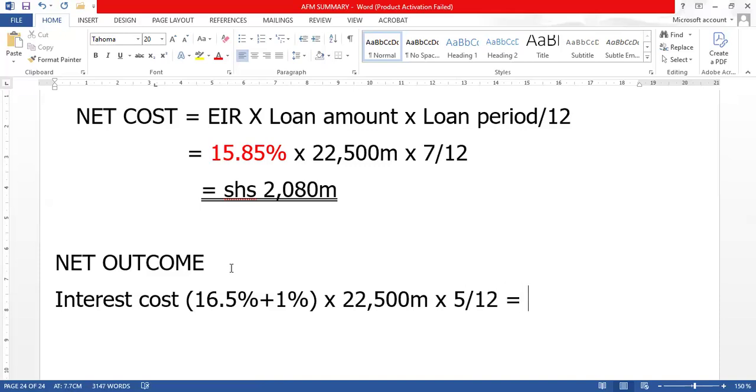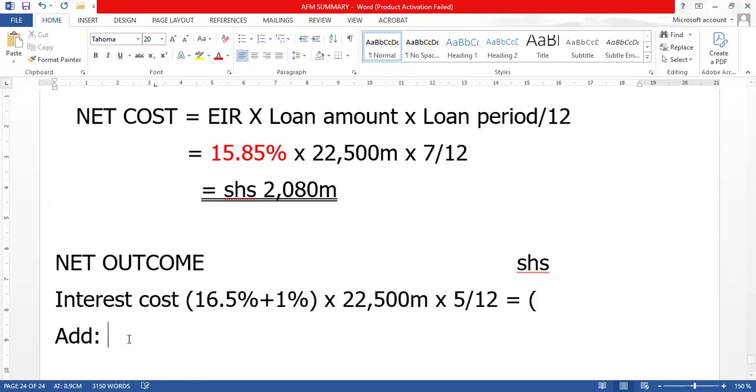So the answer you get here will be in terms of amount. Here you will be looking for the net cost direct. So what do you get? After that, remember what you get will be negative. This will be a cost. Okay, so tell me what you have.